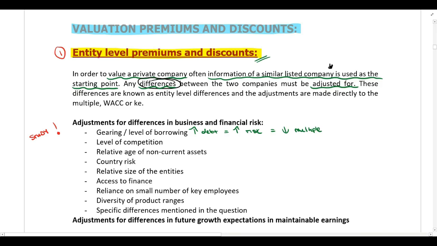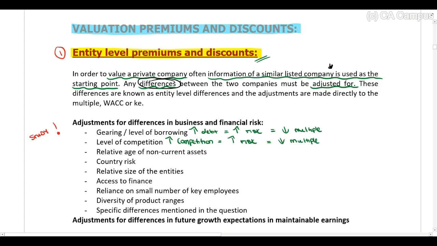The next difference that we need to consider is the level of competition. So, for example, the one company might have more competition than the other company. Now remember, again, think about this logically. The company that faces more competition is going to be exposed to higher risk, and if risk is higher, the multiple is then reduced.